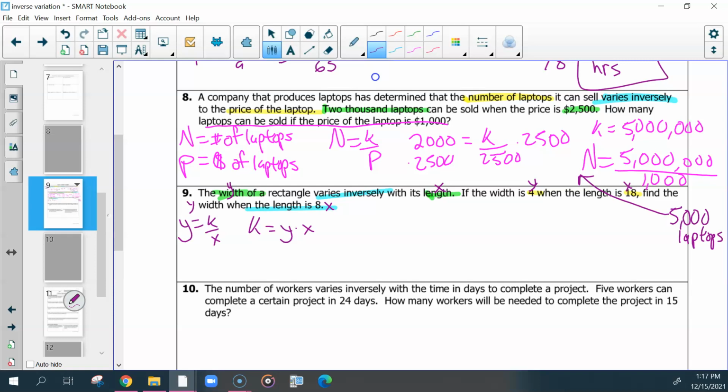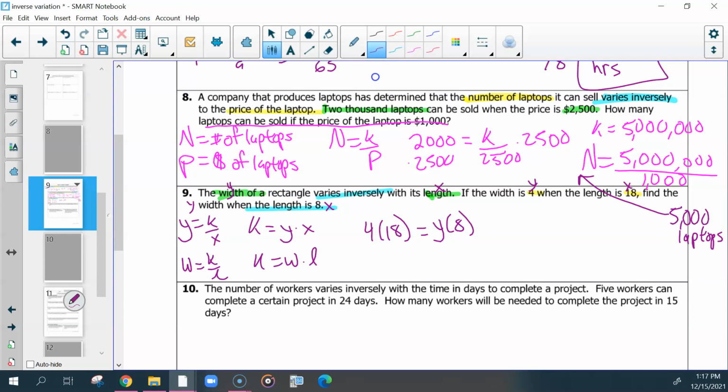So this would be 4 times 18 equals y times 8, or 8y, either or. I changed this to y and x, but you could have also used w and l, and just replace everything with that. Either or, that part doesn't really matter.